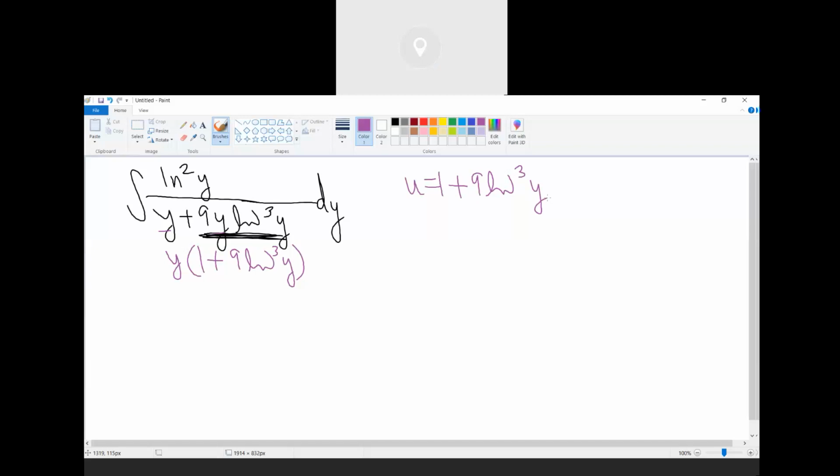Now take the derivative of both sides. So we have du. The derivative of 1 is 0. And to take the derivative of 9 natural log cubed of y, use the chain rule and power rule.